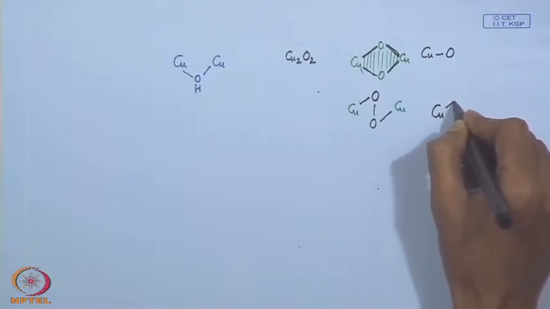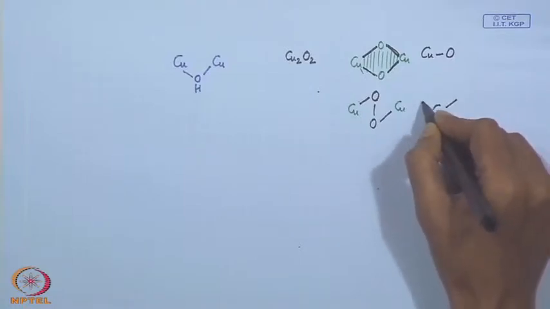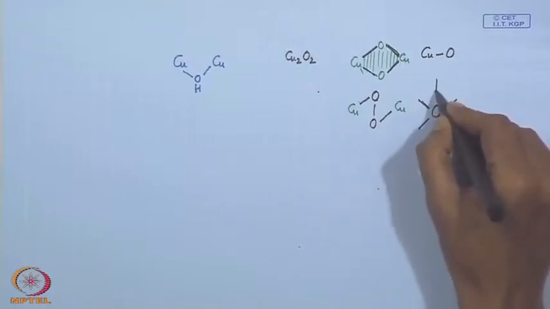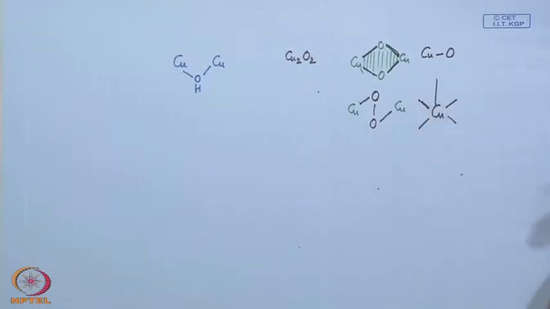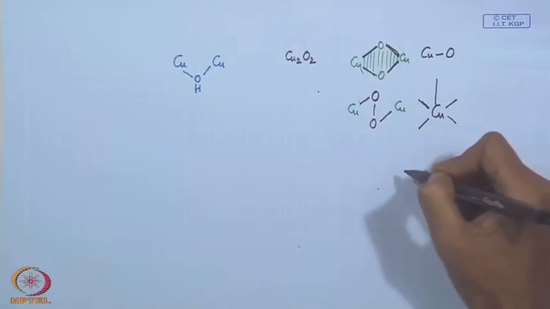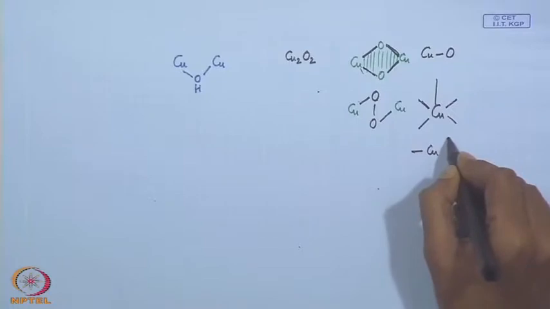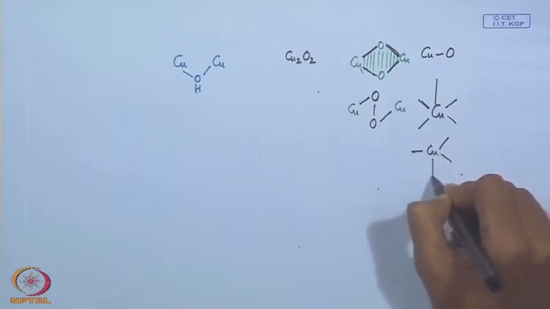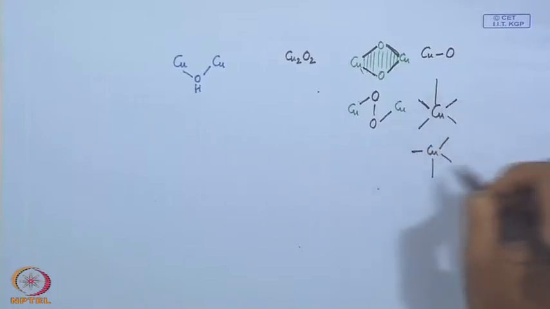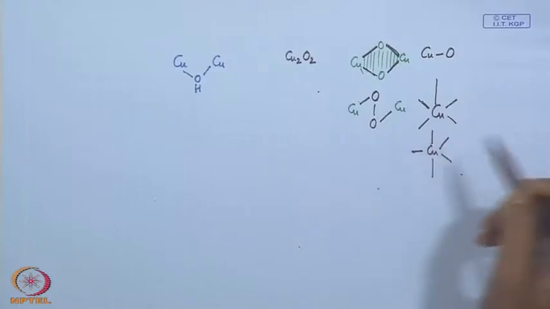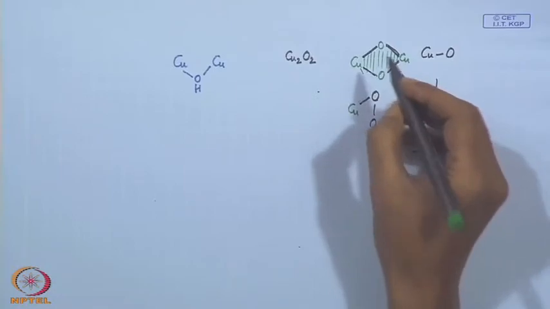Why is this so? Because this particular copper is in square pyramidal geometry, or the other alternative is trigonal bipyramidal geometry. So now think of it that you have a 3-dimensional structure and your life is much more complicated.